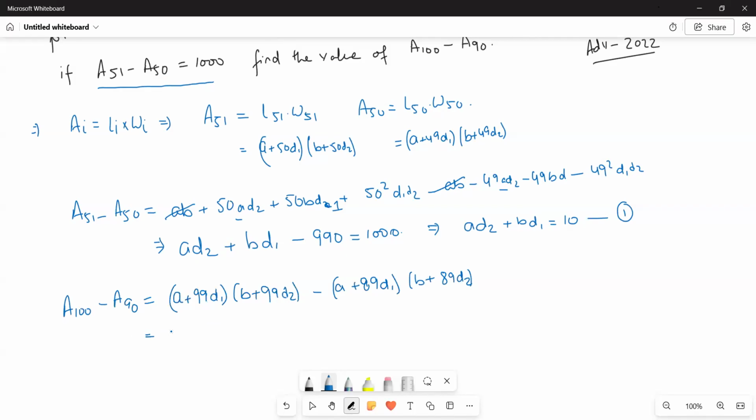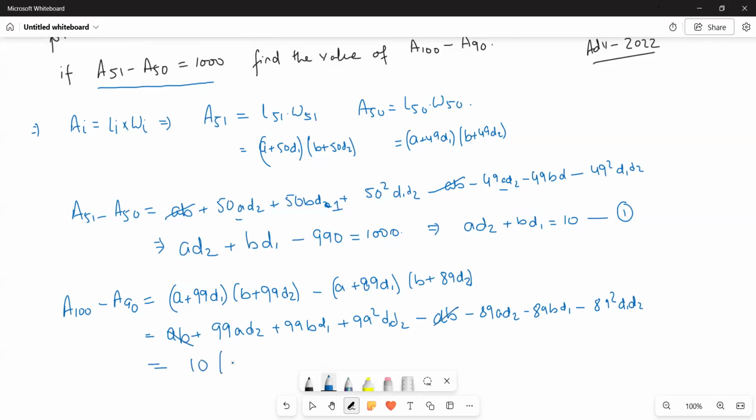Now expand as before. We'll have ab plus 99 aD2 plus 99 bD1 plus 99 square D1 D2, minus ab minus 89 aD2 minus 89 bD1 minus 89 square D1 D2. So again ab cancels.